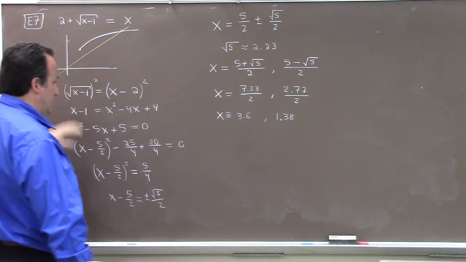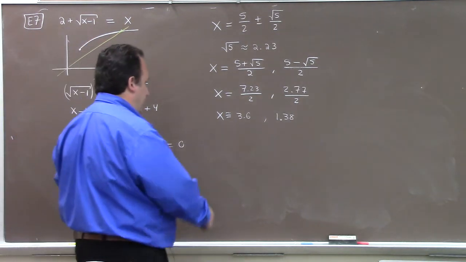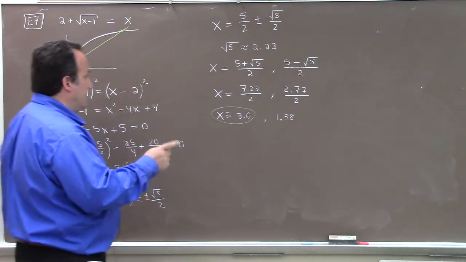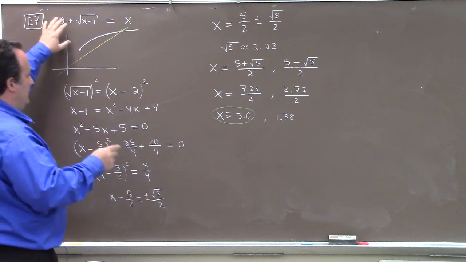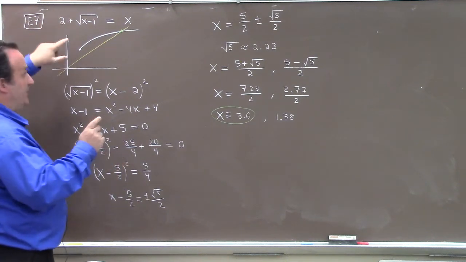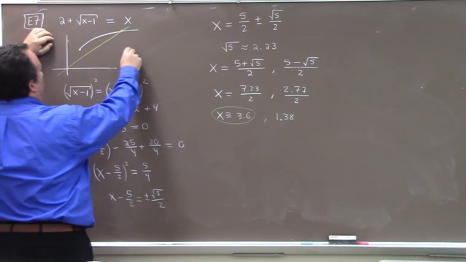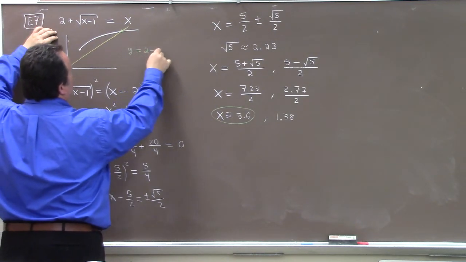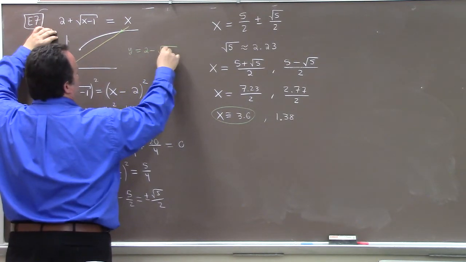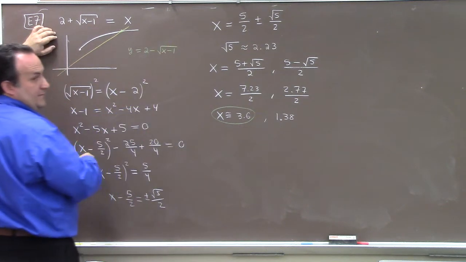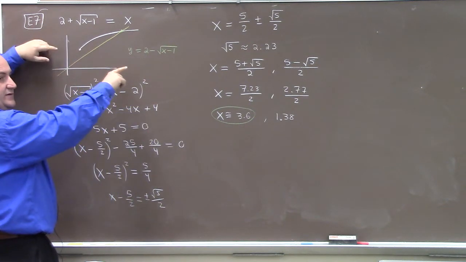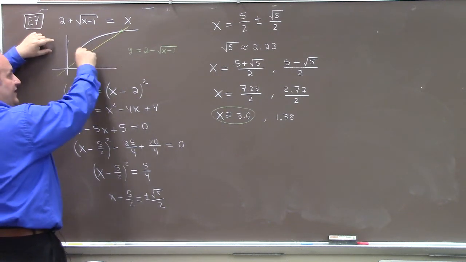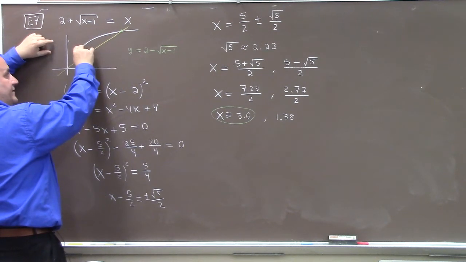Yeah, I think this is the real answer. Where is this 1.38 coming from? It's coming from the fact that if you were to look at y equals 2 minus the square root of x minus 1, the graph of y equals minus 2 minus the square root of x minus 1, that would have given us the lower half down here.